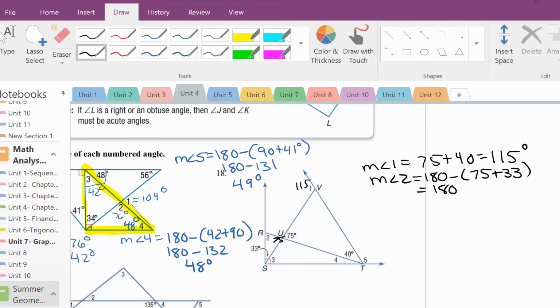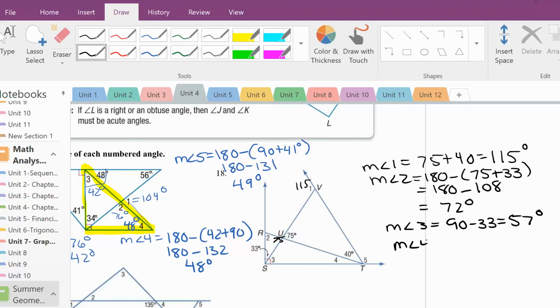So it's 180 minus 108. So it's equal to 72 degrees. And then for angle 3, well, this is a right angle and part of it is 33. So it's 90 minus 33, which is 57 degrees.